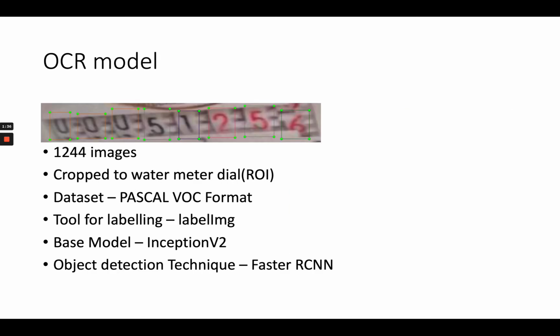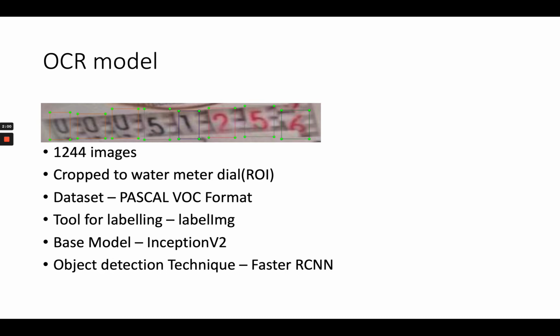After that, we have the water meter dial as the ROI. So we crop that image and use the sliding window technique so we can read the water meter digits. There are a lot of OCR models available to read automatically, like PyTesseract.